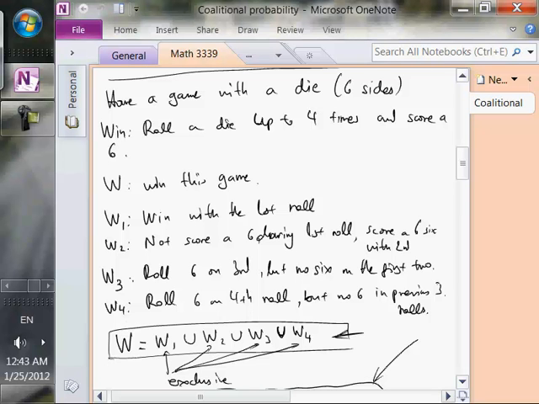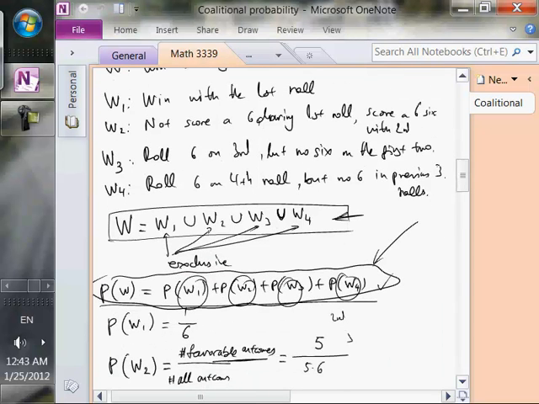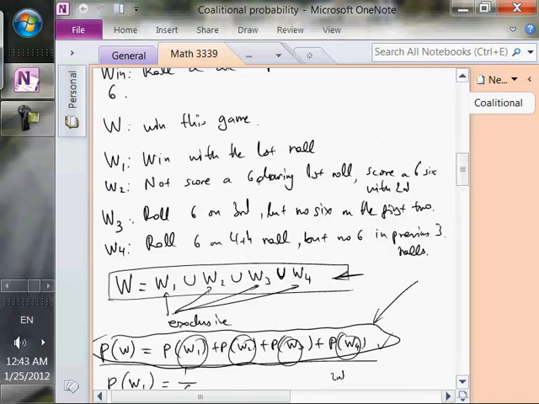Therefore, as we mentioned at the beginning, indeed we have the winning event, W, splits in 4 different sub-events: W1, W2, W3, and W4, as we explained in the class. And W can occur under all of those events.